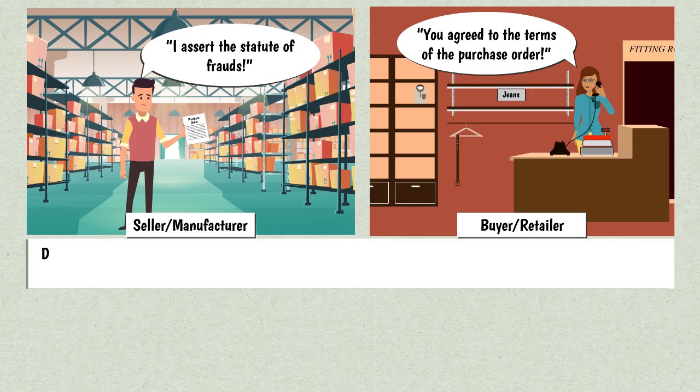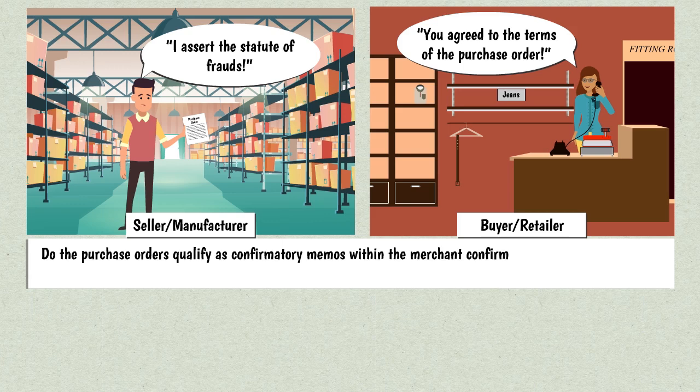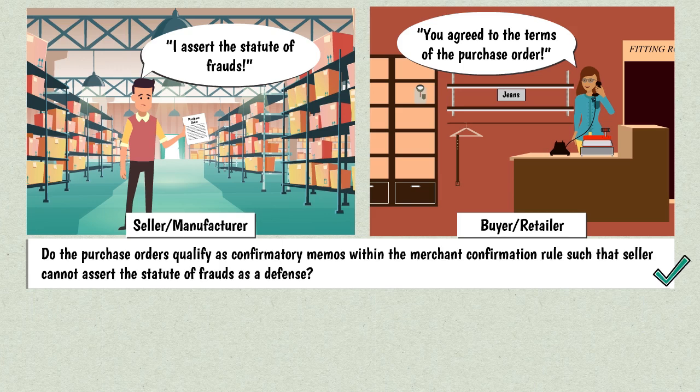The issue is whether the purchase orders qualify as confirmatory memos within the merchant confirmation rule, such that seller cannot assert statute of frauds as a defense. Here, the merchant confirmation rule would bar the seller from asserting statute of frauds as a defense. This is a transaction between merchants.